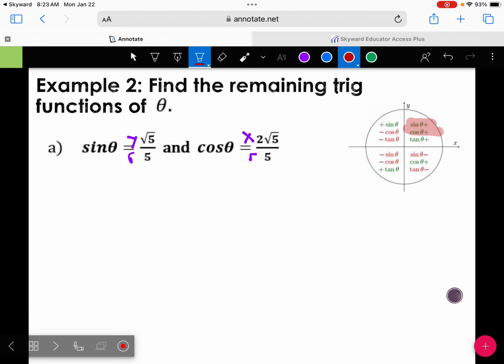As you finish writing down this question, I want you to look at the signs of sine and cosine, right? If it's positive or negative, and try to use that information to think about which quadrant we have to be in.